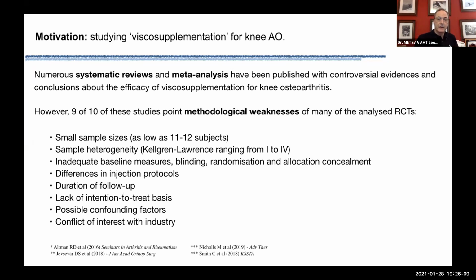So it's very heterogeneous. Inadequate baseline measures, problems of blinding, randomization, allocation concealment, different injection protocols. In every paper they have different protocols, duration of follow-up, lack of intention to treat basis, possible confounding factors, and conflict of interest with industry.